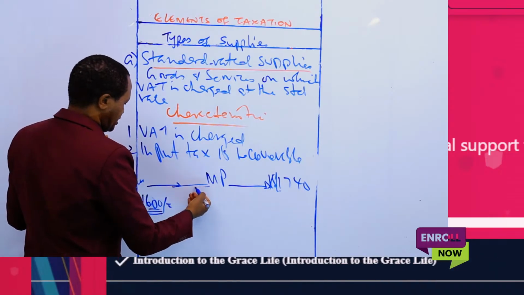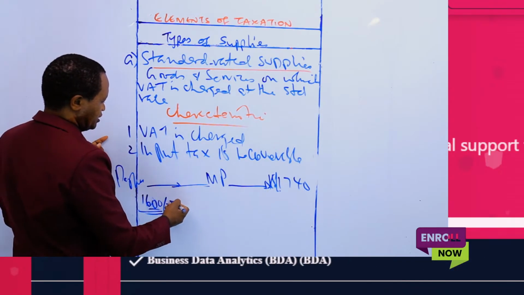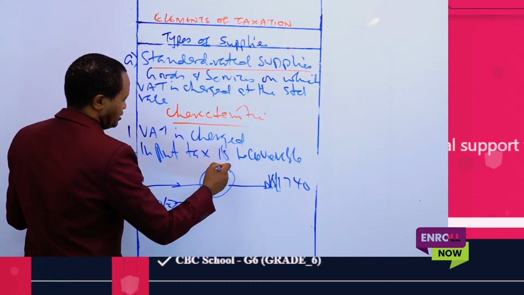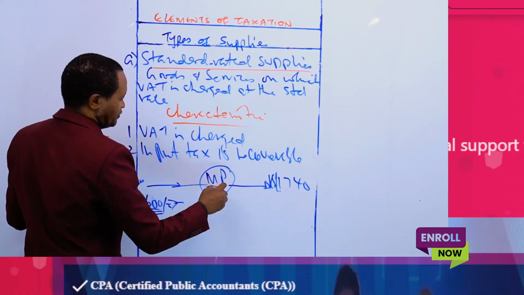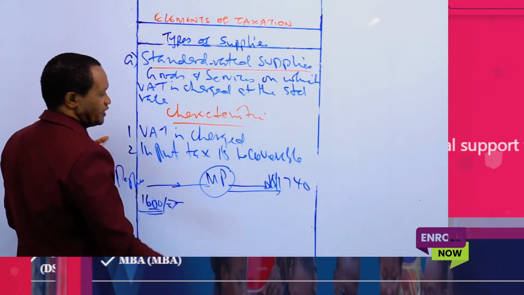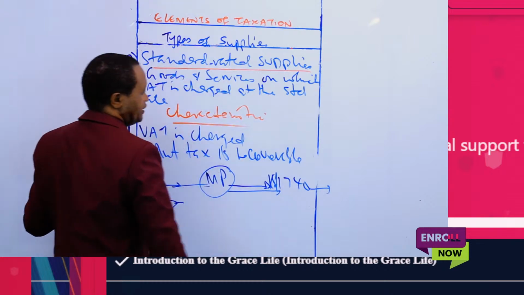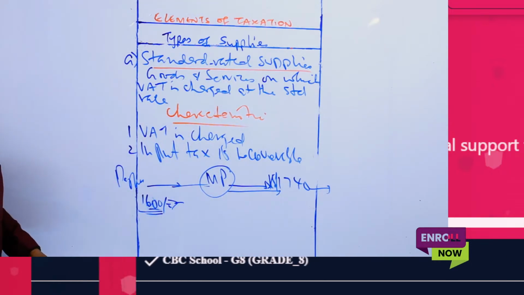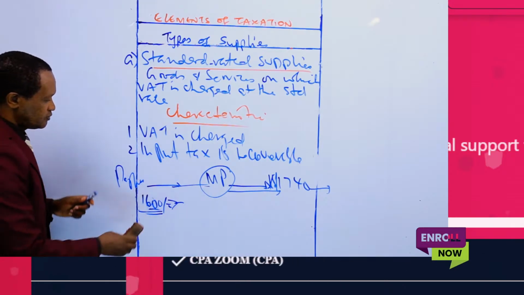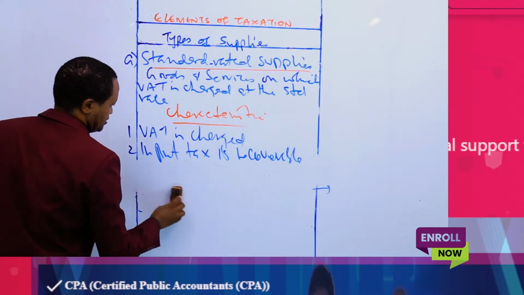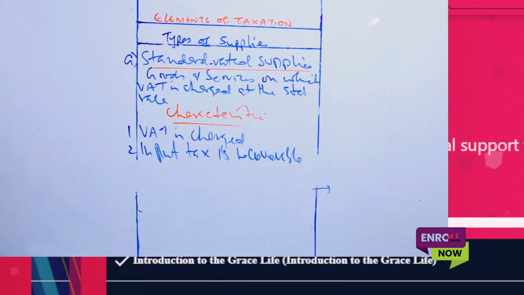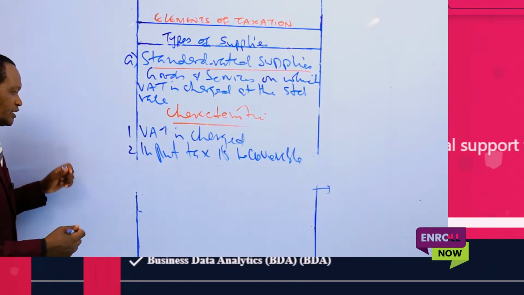So here Manifested paid VAT on these input supplies. Then that VAT of 16% Manifested has to recover from the final consumer. It is the final consumer who finally pays the VAT. That's why VAT is sometimes referred to as a consumer tax. You understand? That's the second characteristic of standard rated supplies.